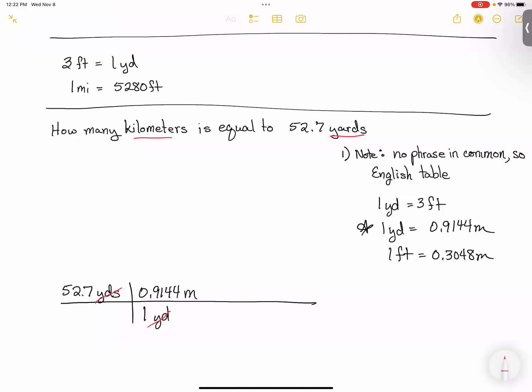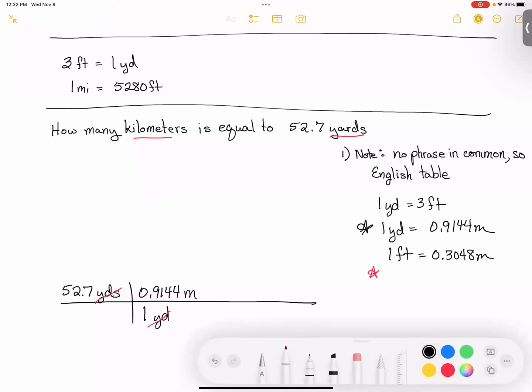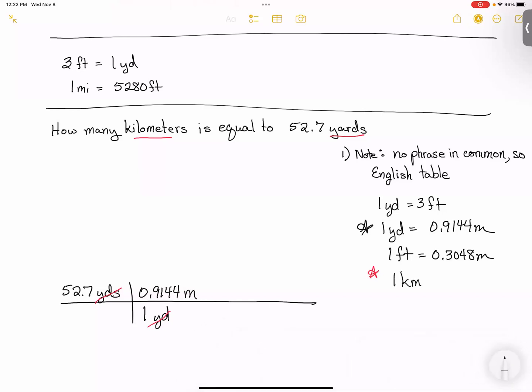So I can easily do that because I know that 1 kilometer is equal to 1 times 10 to the third meters. And so the 1 times 10 to the third meters goes in the denominator with the kilometer in the numerator.